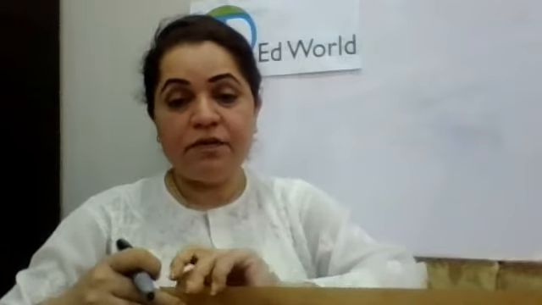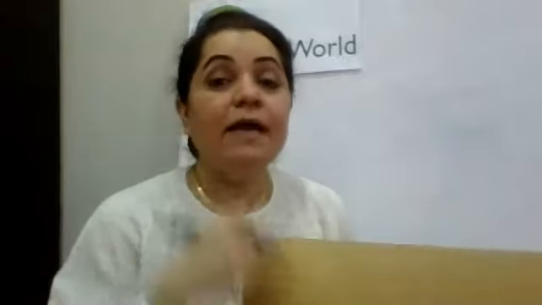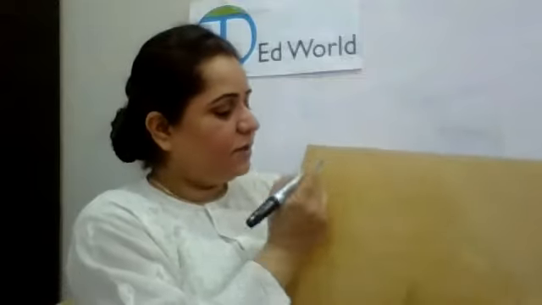So for that, I have taken this small board for you to write. We did the backward counting from 1 till 20 before, and now we are going to do forward counting.